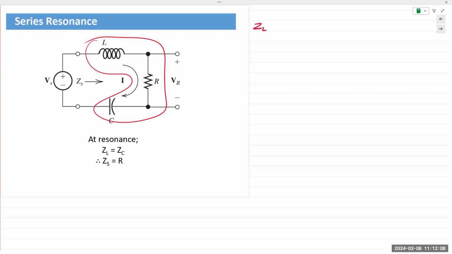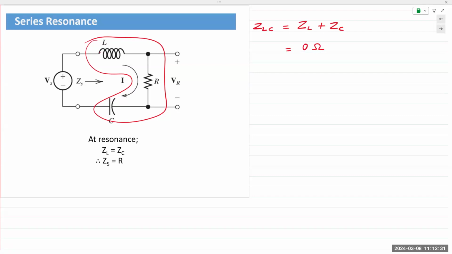So if I was to find ZLC, meaning the total equivalent impedance of the capacitor and the inductor, it will turn out to be 0. And you could perform this math. It is simply the equations of ZL and ZC.